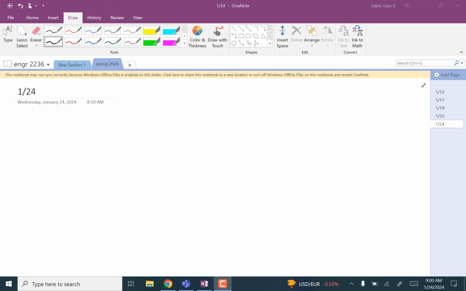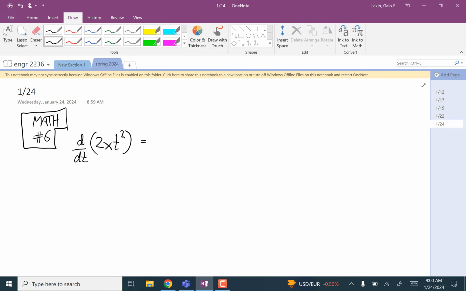First, math number 6. That says d/dt of 2xt squared is equal to 50.